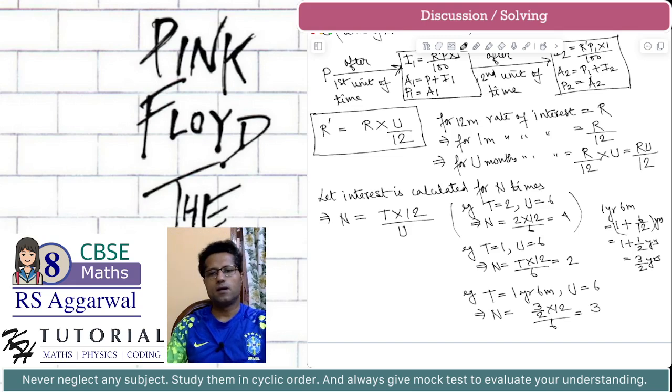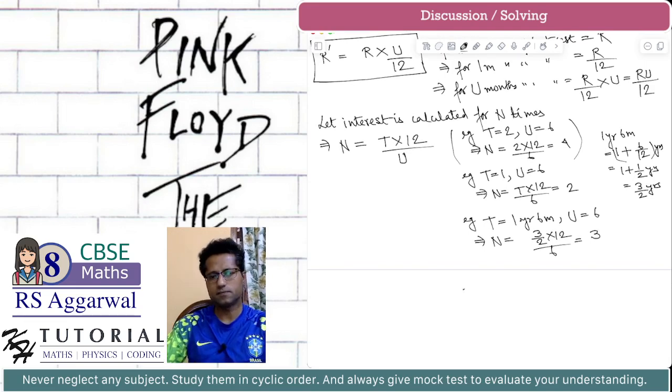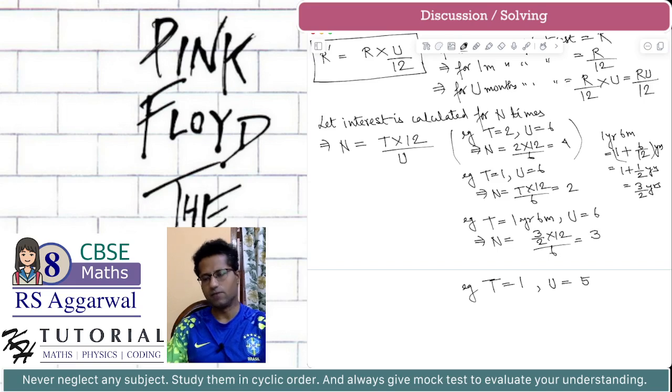Okay. Now it may be the case that n will not come out to be an integer. Let's say T is 1, which is 1 year, and let's say U is 5, that is 5 months.